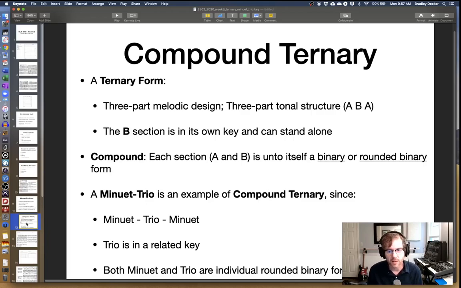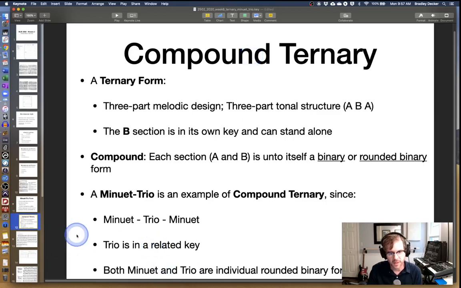And so we think of that as large A, large B, large A. It's compound because each section has unto itself a rounded binary form. So it's like a form within a form, which is why it's called compound.